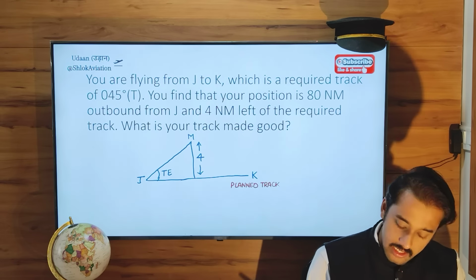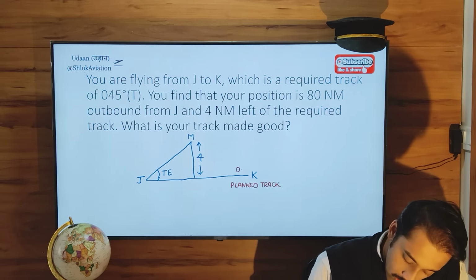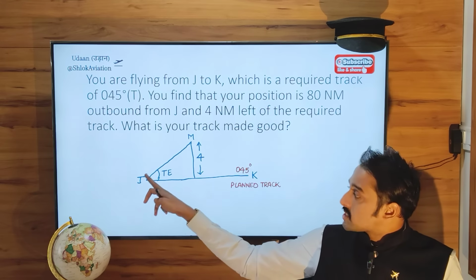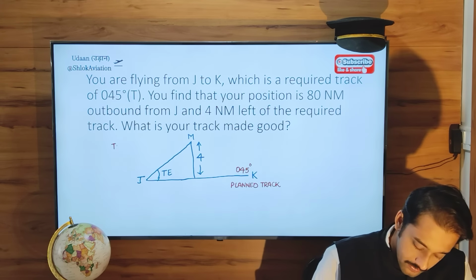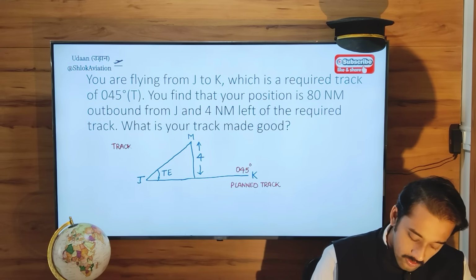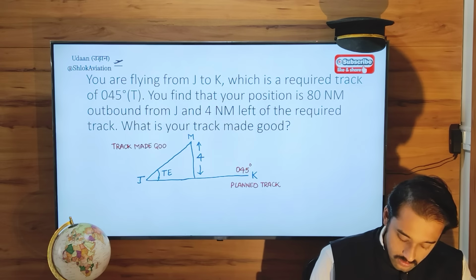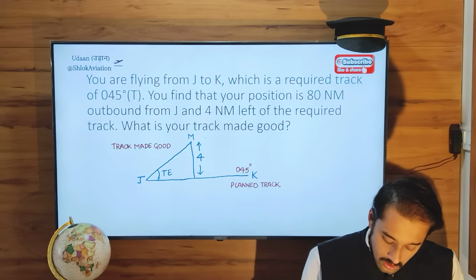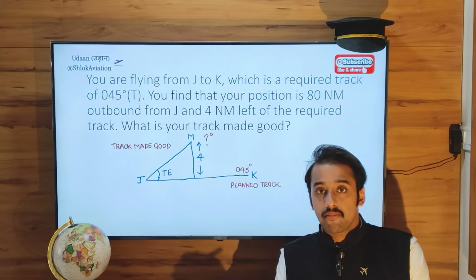This planned track is what direction? It is 045 degrees. Okay. JM, side of the triangle JM, is your track made good, the actual track over the ground. And we have to find the direction of JM, which is your track made good.